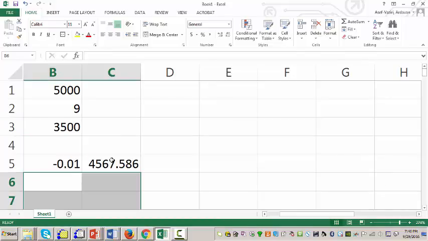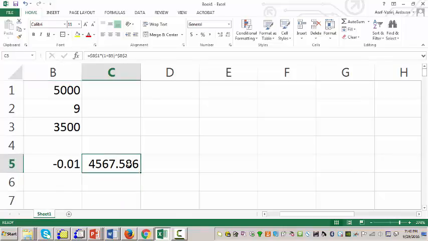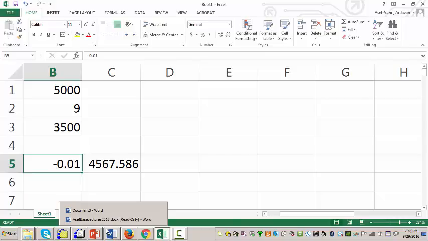This is my function. Future value is equal to present value times 1 plus interest rate to the power of n. I have the function, I have computed for 1x, correct? I have computed the function for negative 1%.